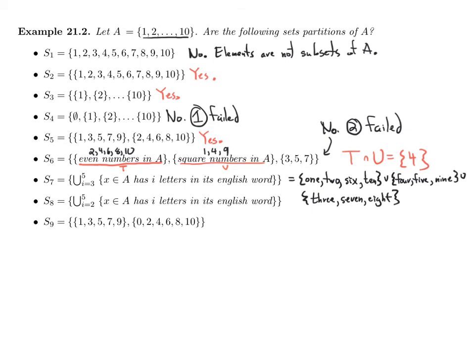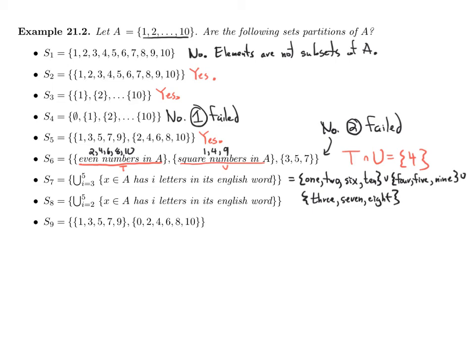So this is when i equals 3. It's elements of A that have 3 letters in their English word. This is 4 letters in its English word. This is 5 letters in its English word, from 3 to 5.